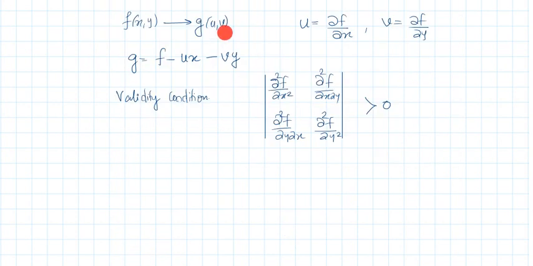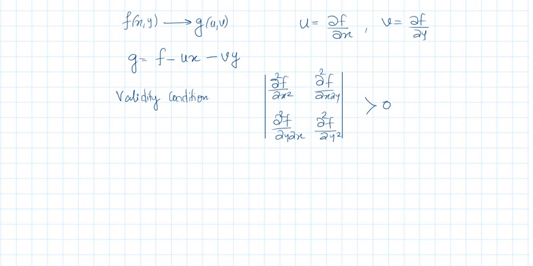Now, consider this transformation f of xy to g of uv. Here both the variables change: x changed to u, y changed to v. But this transformation comes along with this condition: u depends on f and x, that is, u is the partial derivative of f with respect to x. Here you have to write partial derivatives because f is a function of two variables. Similarly, v is dou f by dou y.